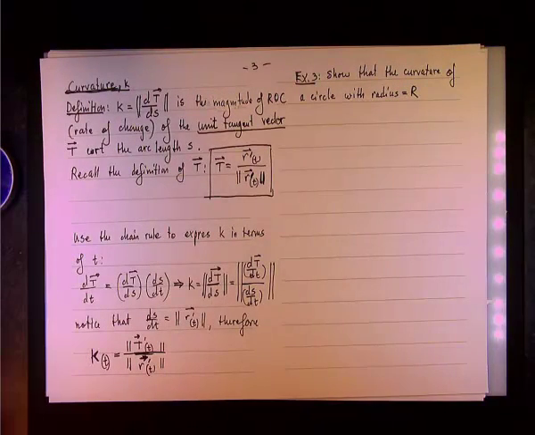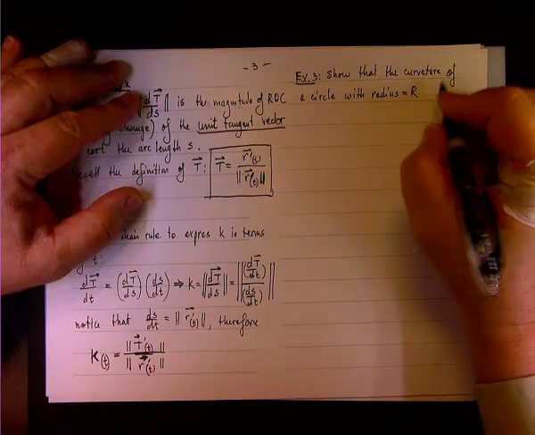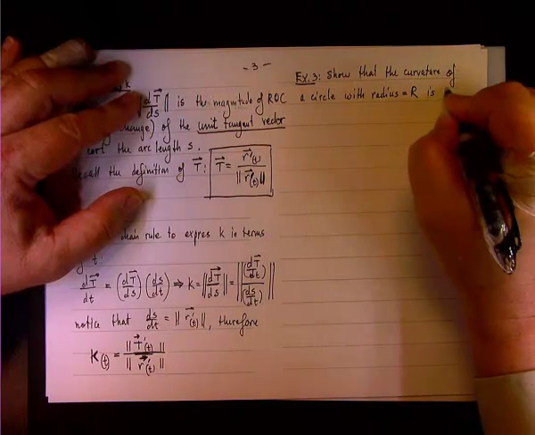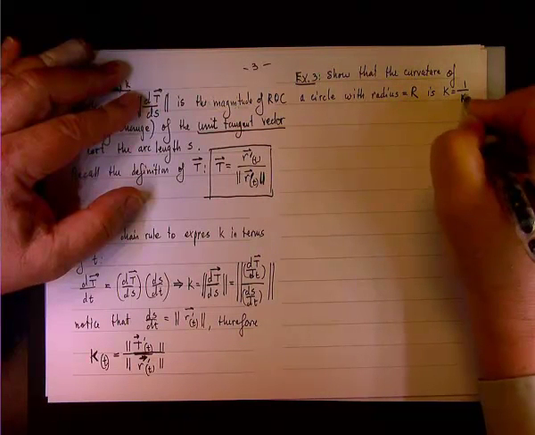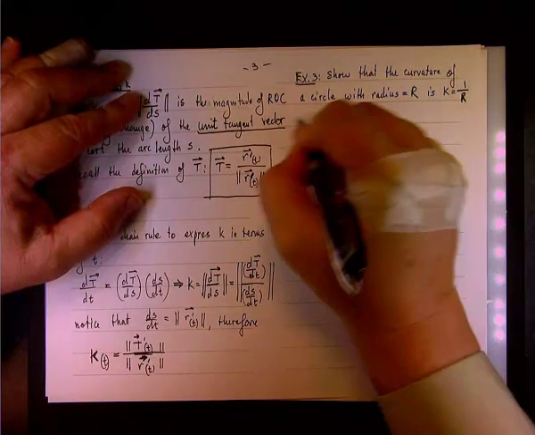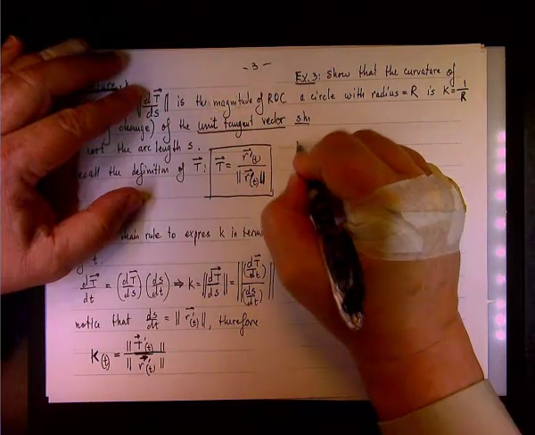Because we have r as a vector, I'll use the uppercase R, and k will be 1 over r, like so. So how do we go about doing this?